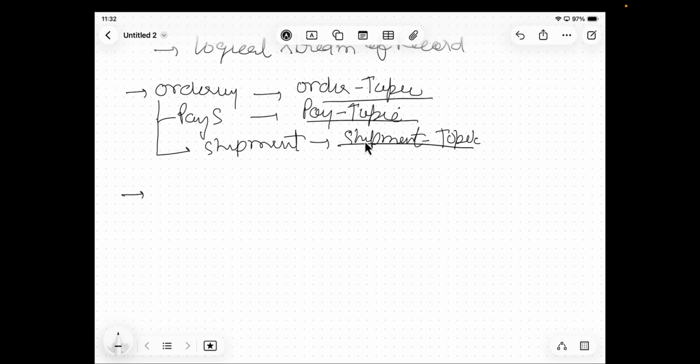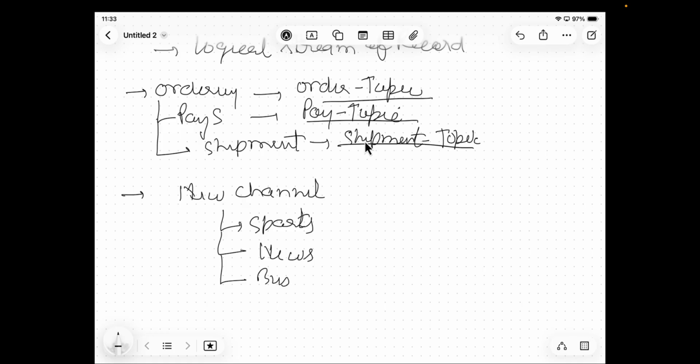You might have heard of any news channel, right? They have multiple categories: sports, news, business, or music. So these are the channels.